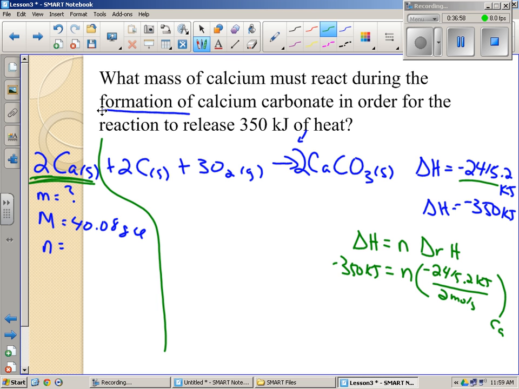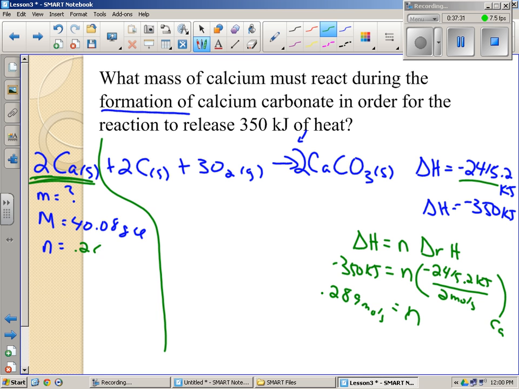So once again, it comes out to that same number, negative 1207.6 kilojoules per mole would be the molar enthalpy of the calcium, which happens to be the same as the calcium carbonate. Dividing these two sides, 350 divided by 1207.6, you're going to get about 0.289 moles. All right? So 0.289 moles is going to give me the 350 kilojoules.